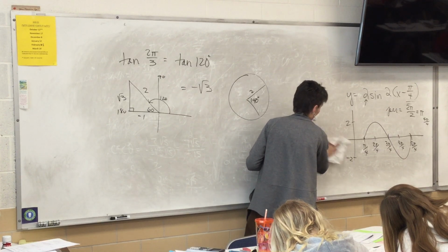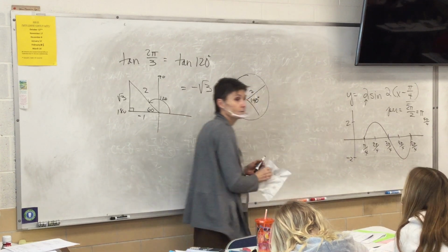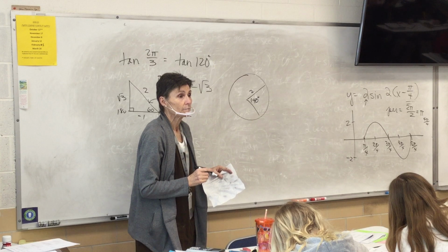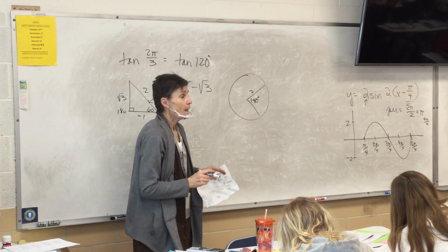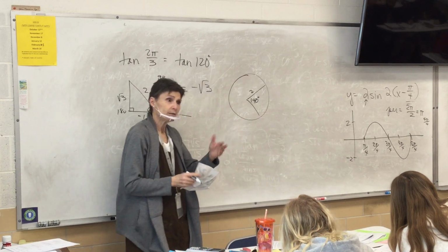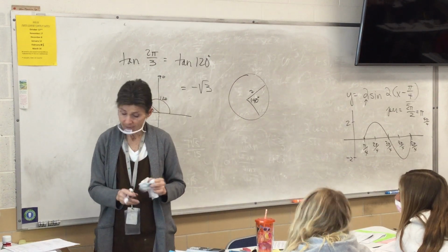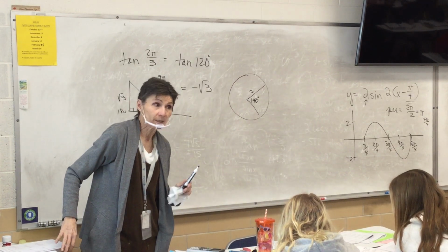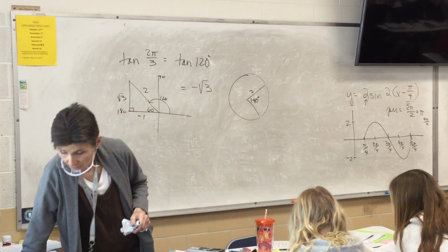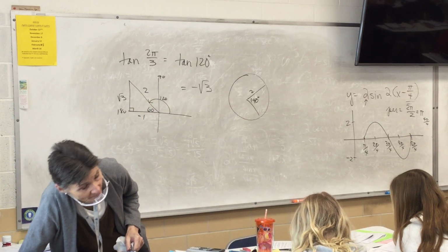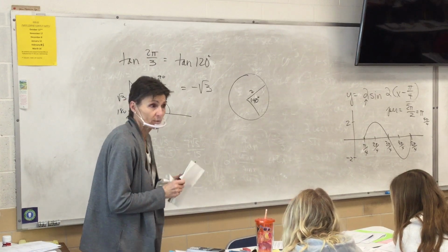Change the radians to degrees. What? Change the degrees to radians. You could. In this problem, you don't need to. When you need to, Donovan and everybody else, is if you're finding arc length. I'm not finding arc length here. I'm finding area, which is a different thing.